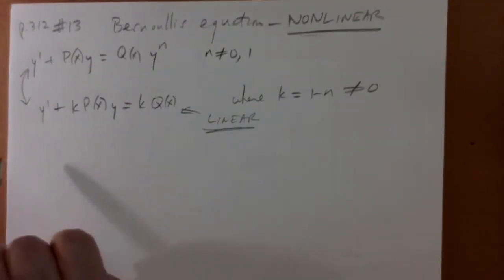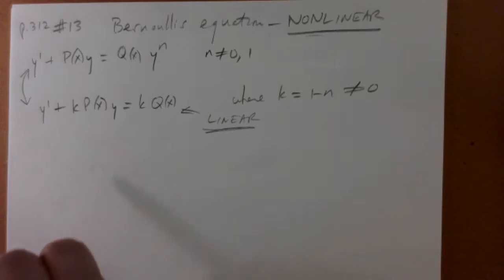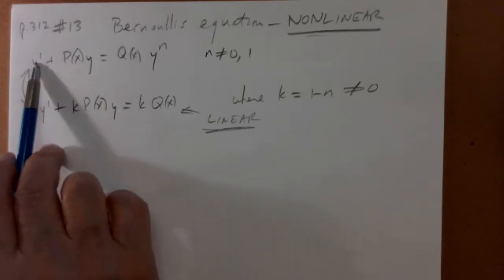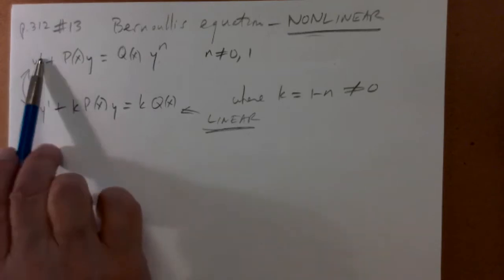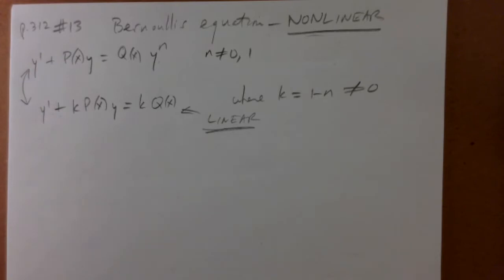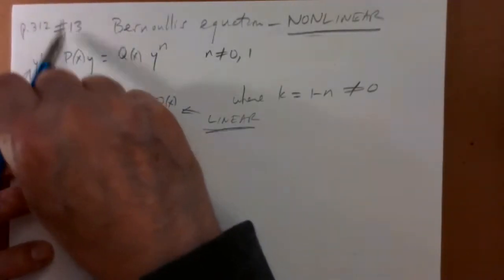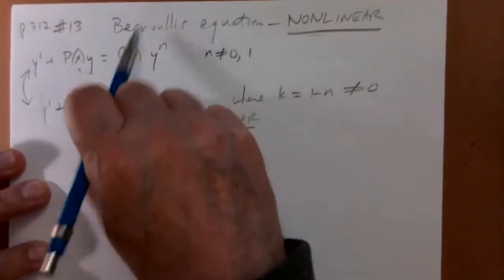So in problem 13, we're asked to prove that every solution of this equation gives a solution of this equation, and conversely, every solution of this equation gives a solution of the nonlinear equation. And maybe just to use the same notation that the book uses, here I'm just going to call the unknown function v.